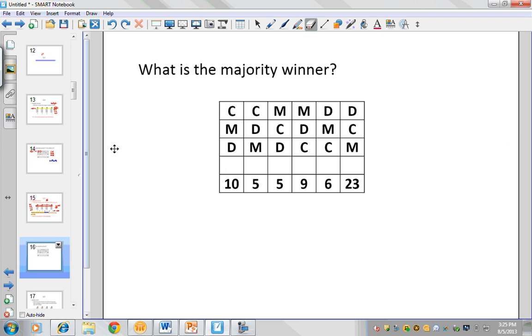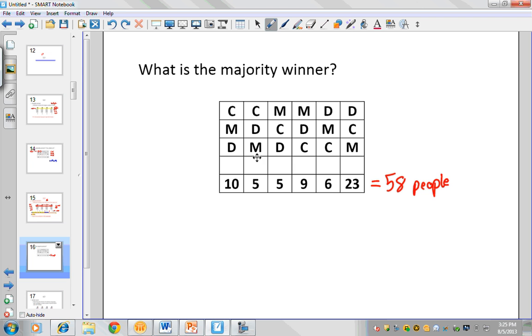Next one. Is there a majority winner? Once again, you have to figure out how many votes constitute over 50%, which means you would have to add all the numbers together, which gives you 58 votes. So 58 people decided to vote in this particular election.